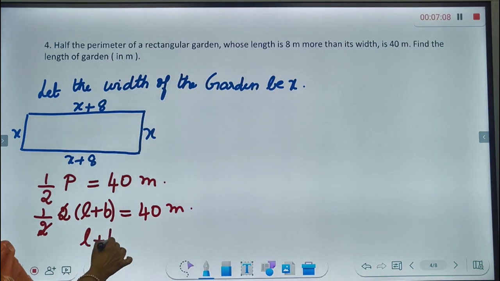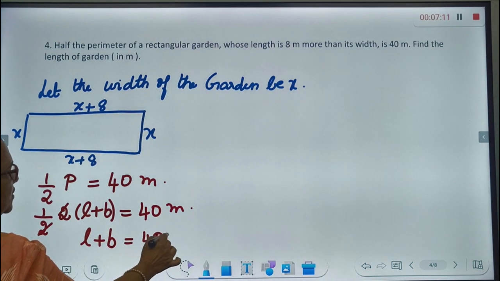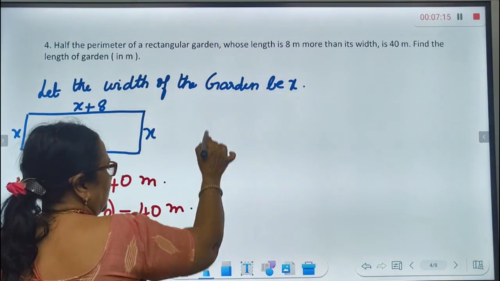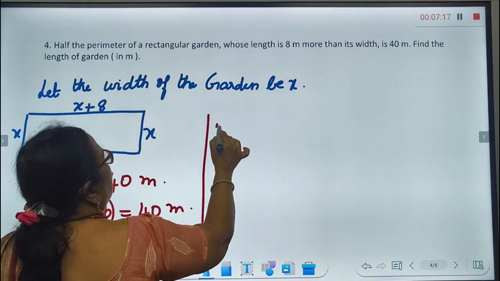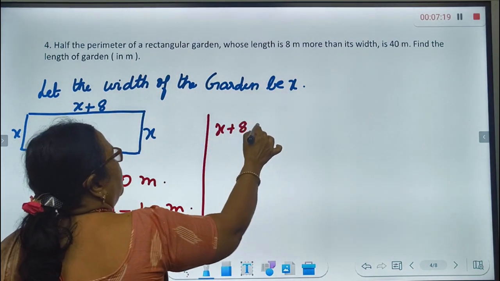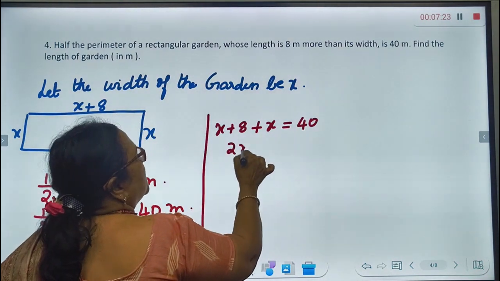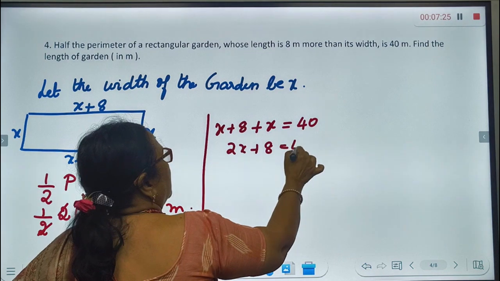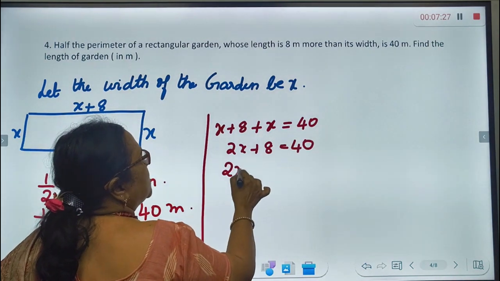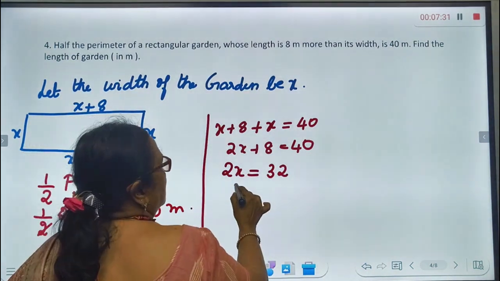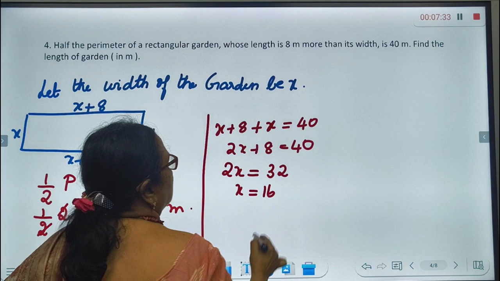Or L plus B is equal to 40 meters. What is length plus breadth? L plus B will be x plus 8 plus x equal to 40. So 2x plus 8 is 40. So 2x will be 32. So x will be 16.